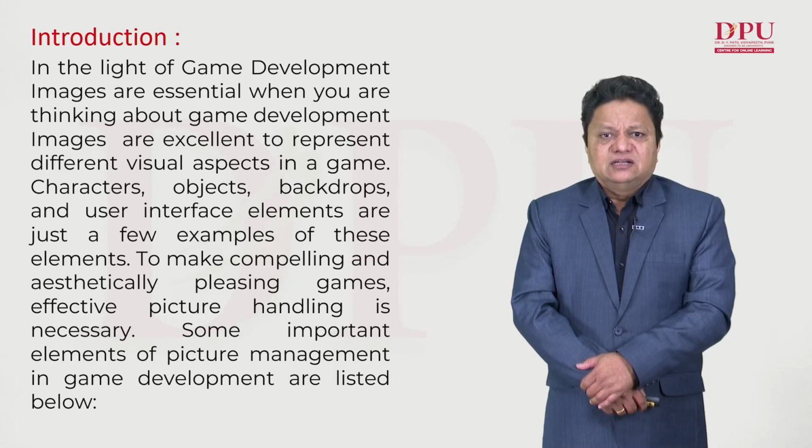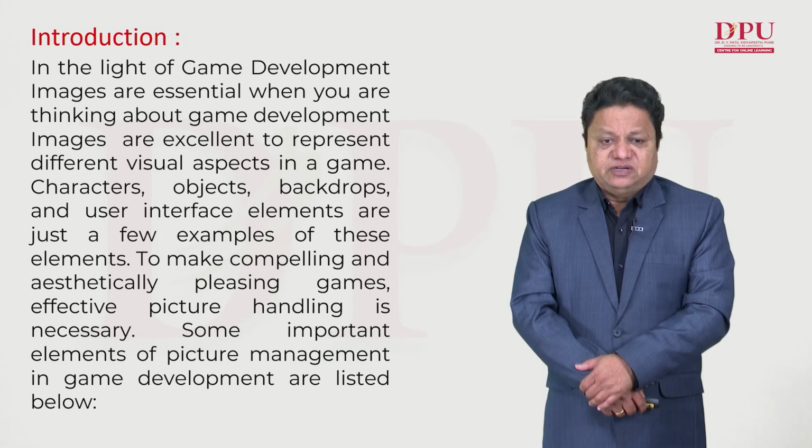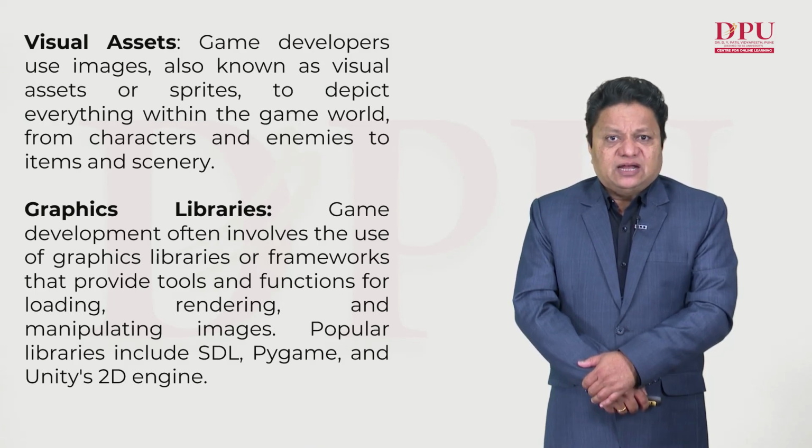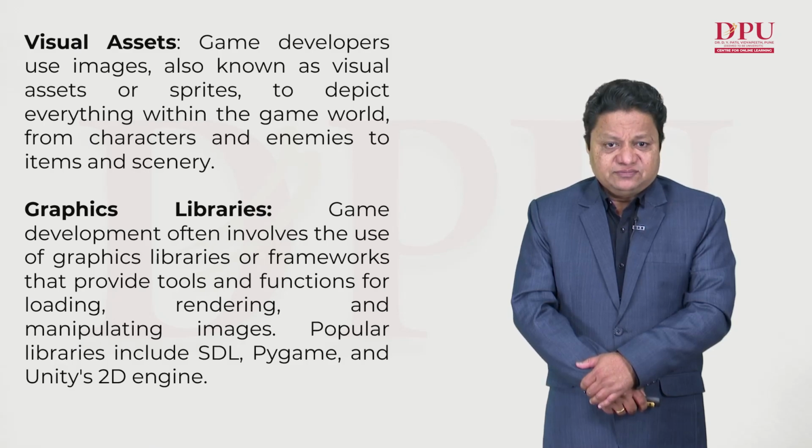All these are elements of images, and to make compelling and aesthetically pleasing games, we need to use effective pictures. Effective picture handling is necessary, and some important elements of picture management in game development are listed below, such as visual assets and graphics libraries.